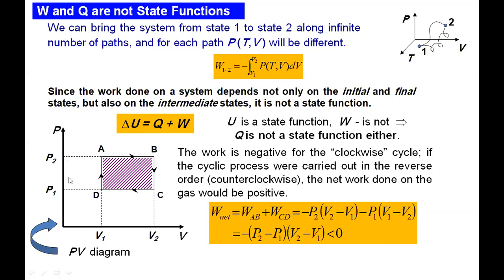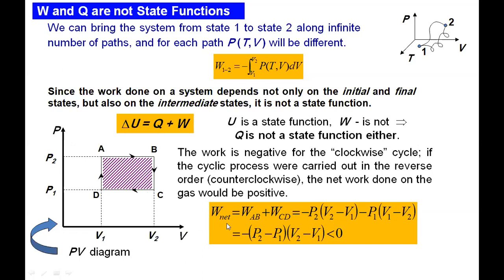So this is the PV diagram, and here is the system. We take the path from A to B, B to C, C to D, and D to A. And we have P1, P2, and this is V1, and this is V2.